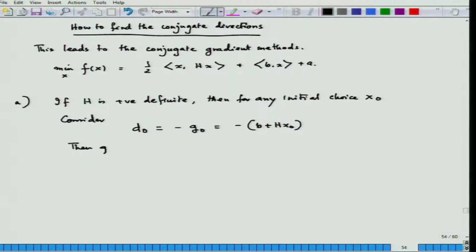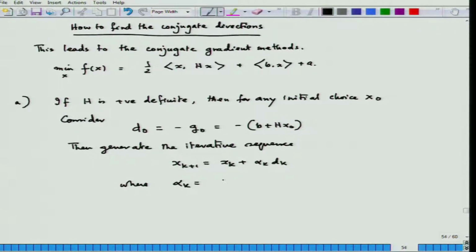Then generate the iterative sequence, where alpha_k is as before, and of course you have g_k, which is the gradient at x_k, which is b plus H x_k.